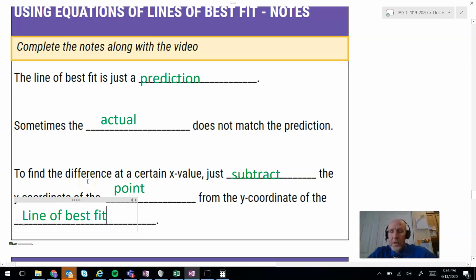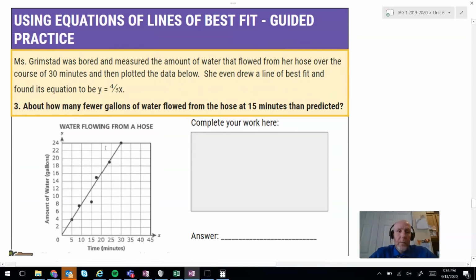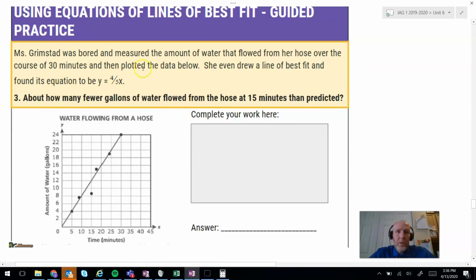So let's look at this next example. Same example from Miss Grimstad. She was bored and measured the amount of water that flowed from the hose over 30 minutes. About how many fewer gallons of water flowed at 15 minutes than predicted? So we go to 15 minutes and look at the actual point.